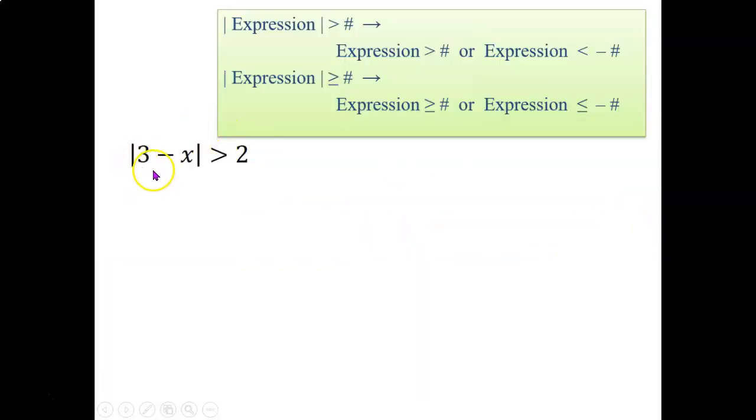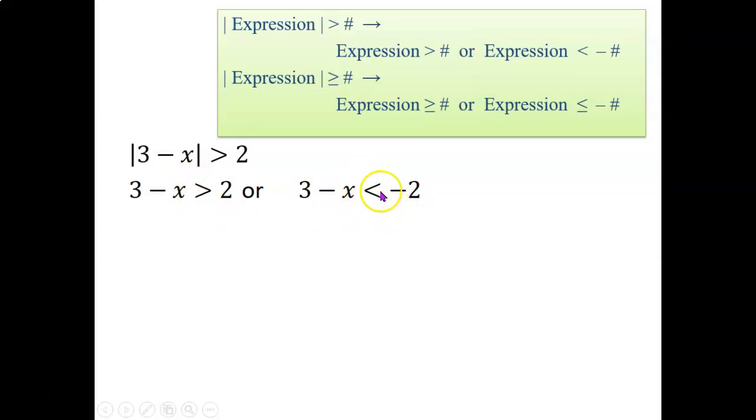So let's say, for example, we have the absolute value of 3 minus x is greater than 2. The absolute value of this expression is greater than this number. So that turns into the expression 3 minus x is greater than 2, or that same expression 3 minus x is less than negative 2.